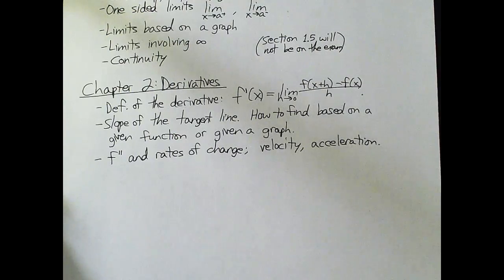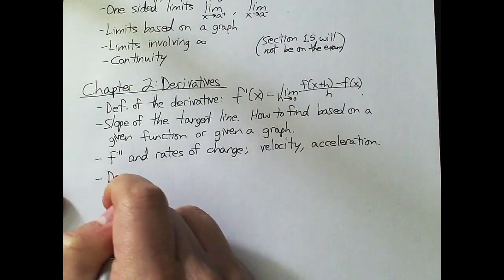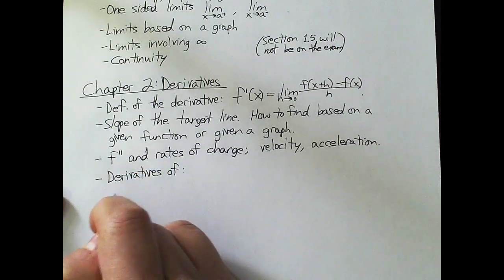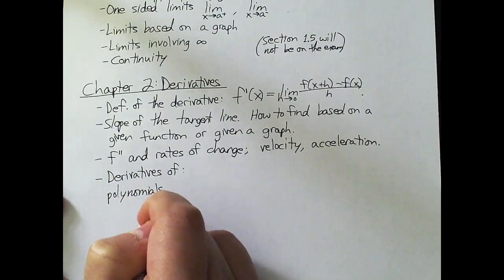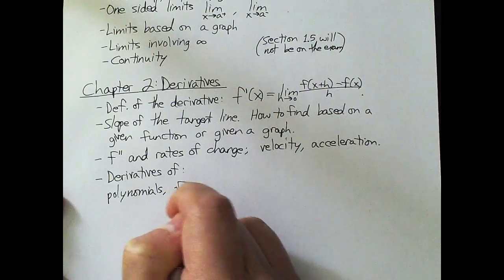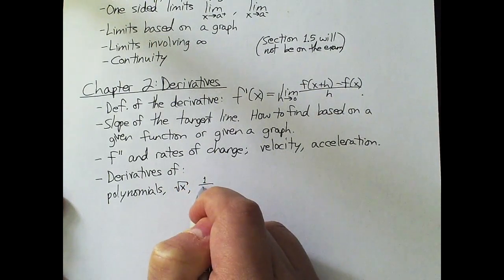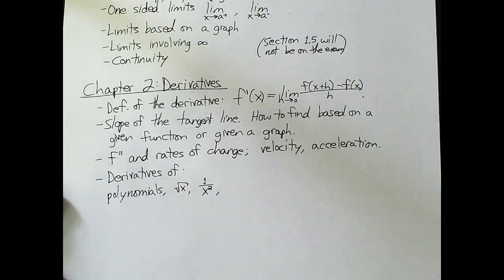Originally we began with calculating derivatives with the definition, with the actual difference quotient formula. And then we started establishing a bunch of rules, a bunch of shortcuts, so that we knew how to do derivatives of, first of all, polynomials, but then also things like the square root of x, things like 1 over x squared, 1 over x.